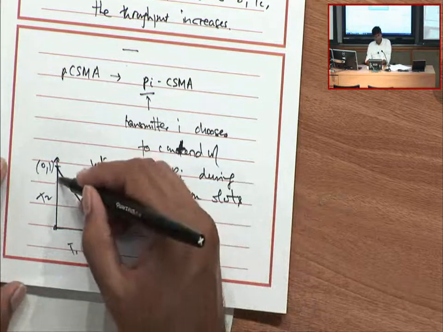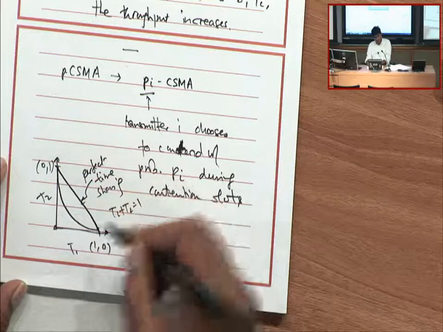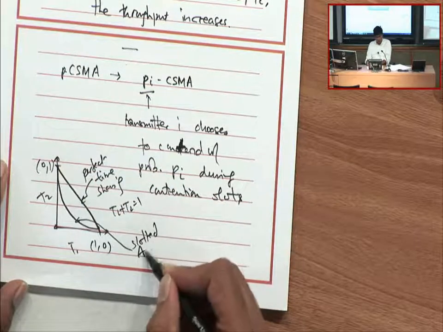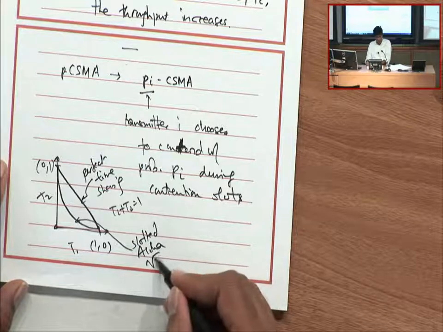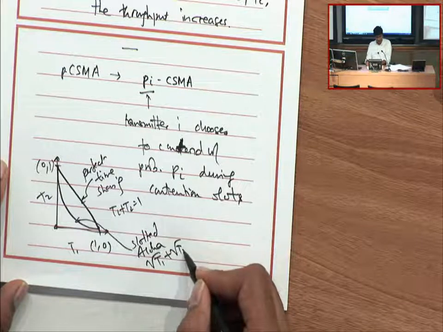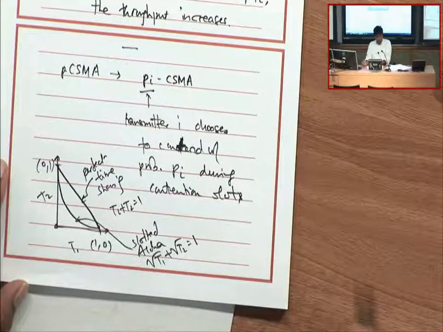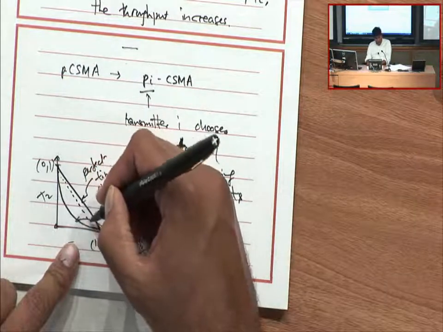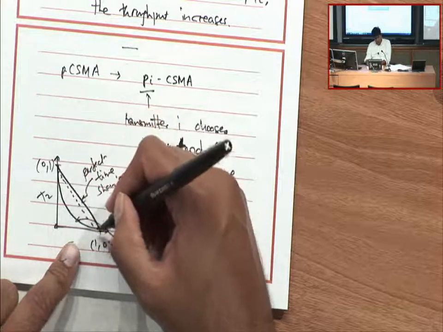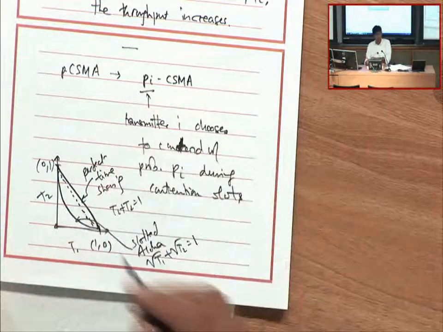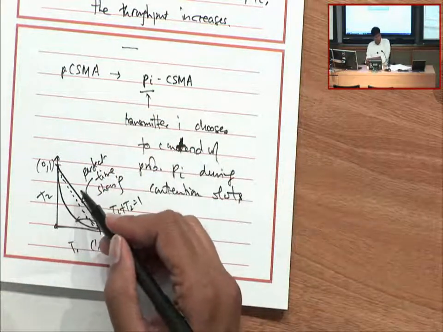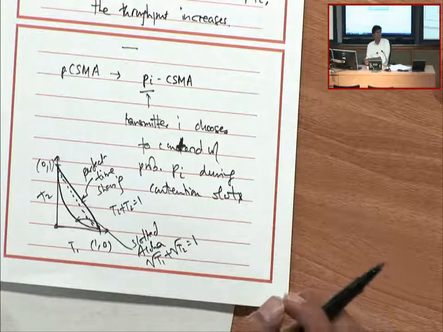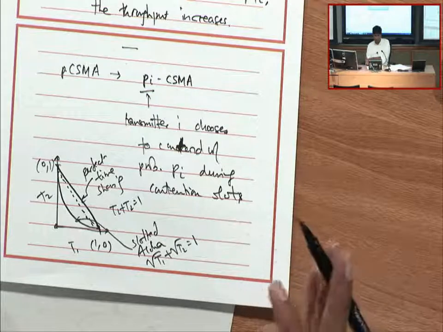Slotted aloha does something like this, we just saw. But CSMA ends up getting curves that are closer to the ideal line, and it'll get closer and closer to that ideal line as the success time is increased. Okay, that's basically what ends up happening.